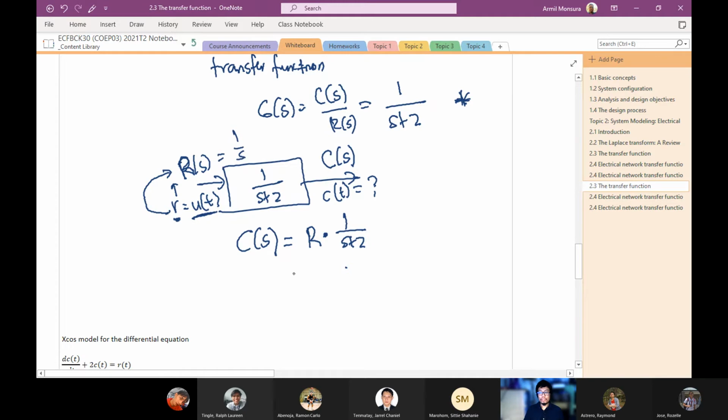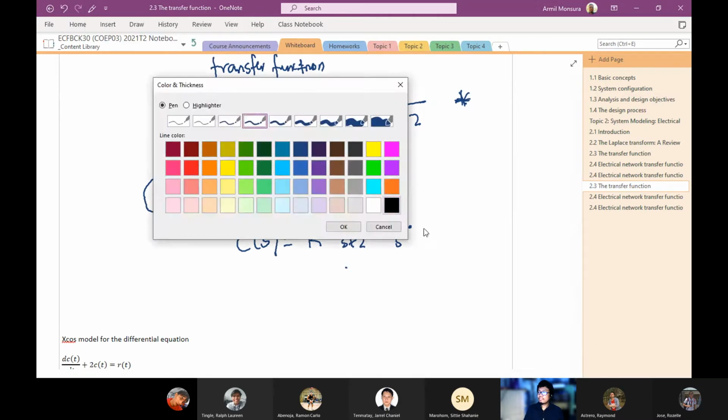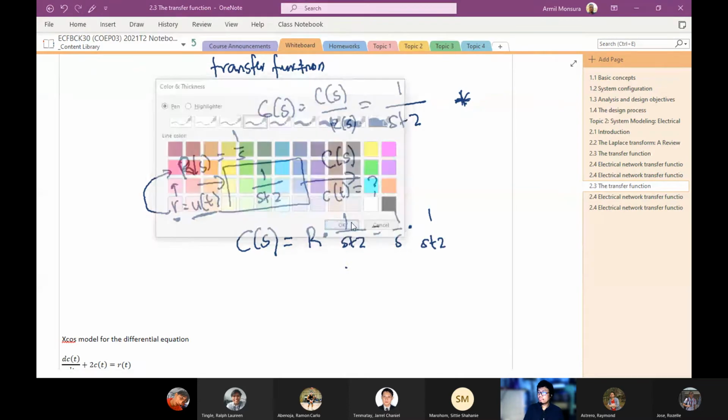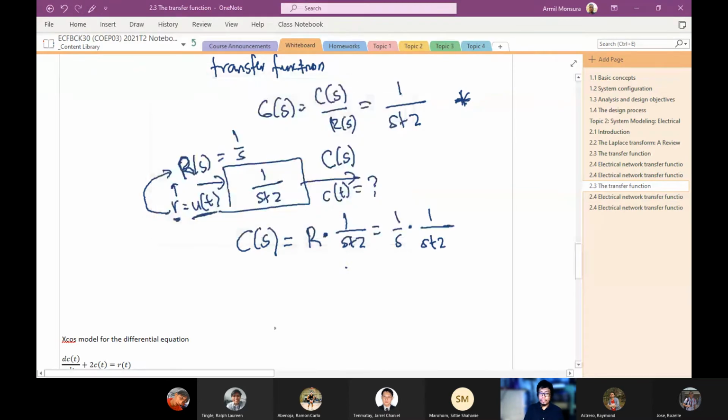So C(s) is now equal to 1 over s times 1 over (s + 2), which is 1 over s(s + 2). It's quite long. Is this understood?